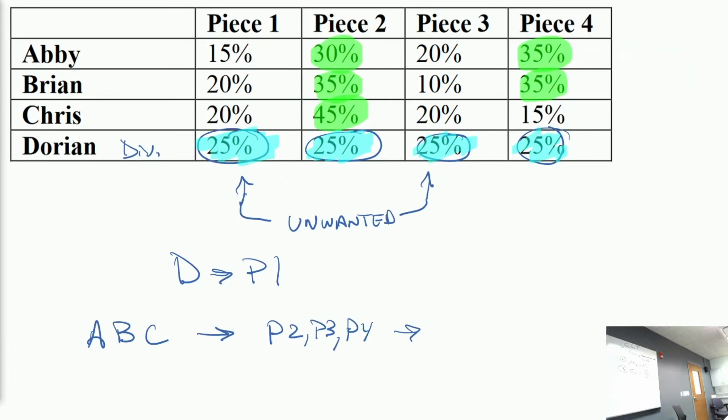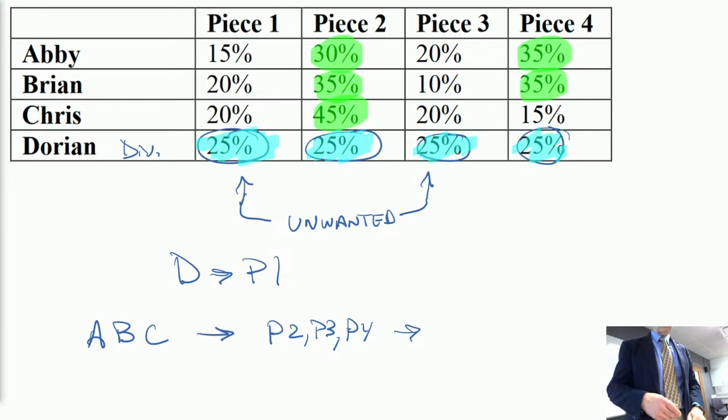Notice that you can actually say how much they think it is. Chris thinks that the piece that Dorian got was worth 20%, and so that means that the rest is 80%. So Chris thinks that there's 80% left. Brian thinks there's 80% left, and Abby thinks that it's even better that there's 85% of the cake still left to be divided up.